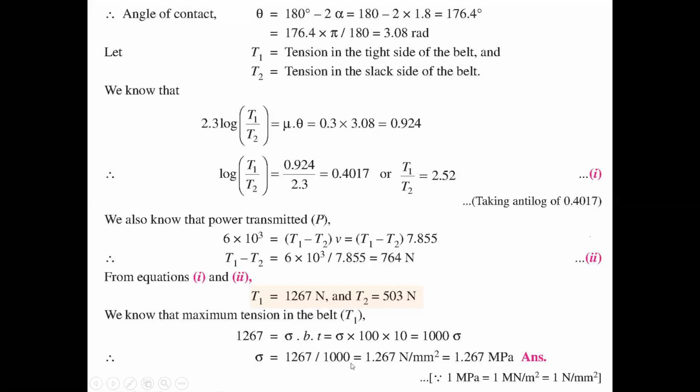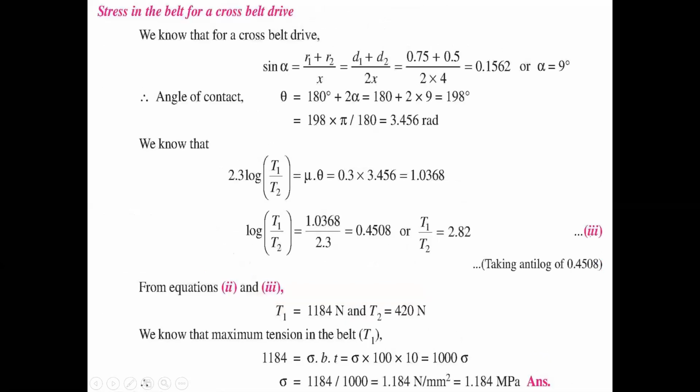So sigma is 1267 by 1000, which is 1.267 newton per mm square, that is 1.267 megapascals.